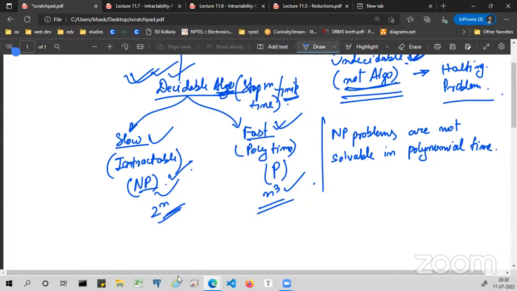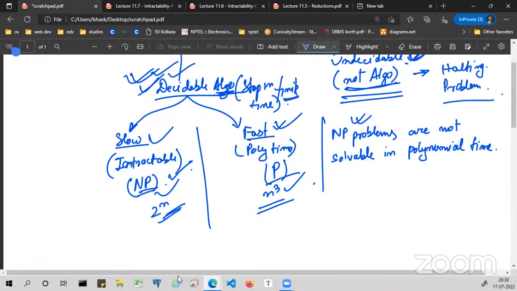Now we have drawn this diagram that there are two branches, one is slow, another is fast. These are polynomial time solvable, and this is what we call NP, right? But if I am segregating these two, then this statement seems very implicit, right?